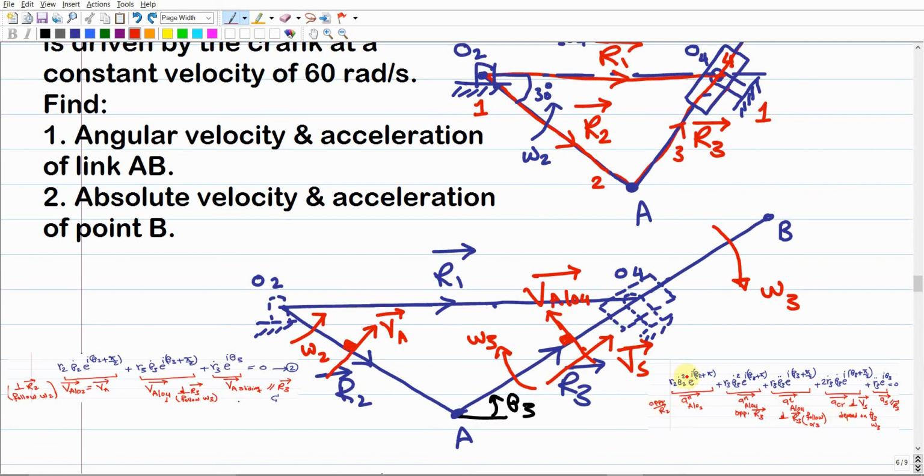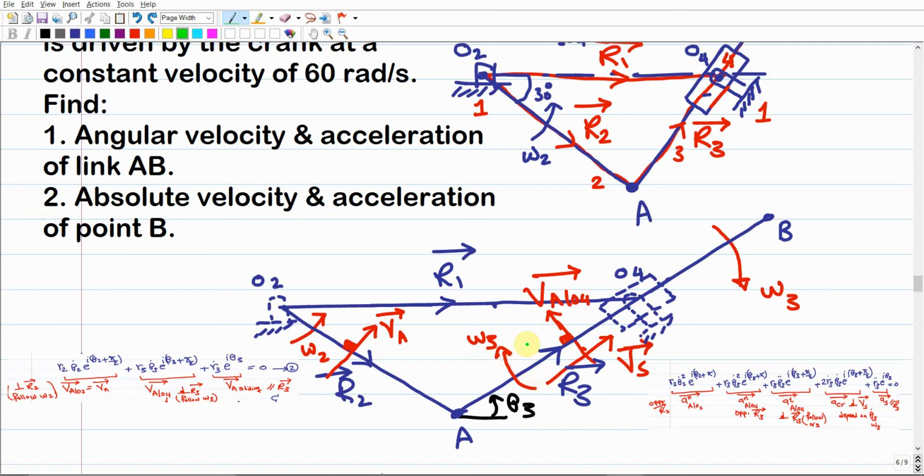If we consider the acceleration as we discussed, we have to identify the directions of the angular accelerations. Here we have only one alpha, which is theta 3 double dot, because alpha 2 is already 0. We got it positive, it means that it rotates anti-clockwise, in the opposite direction to omega 3.